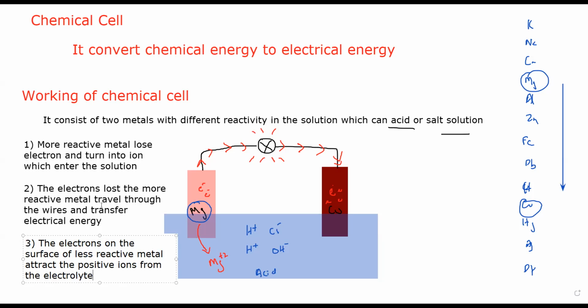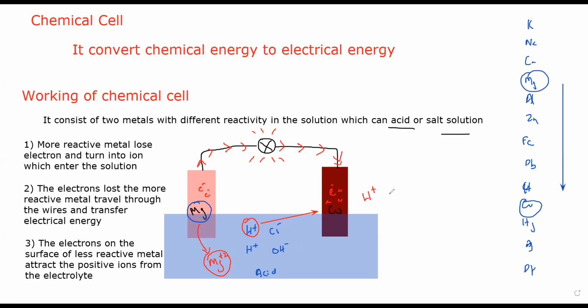So what will it attract? Since electrons are negative, they will attract the positive ions. So what are the positive ions? We have magnesium, we have hydrogen. Because hydrogen is less reactive, in the electrolyte always the less reactive is discharged. So when hydrogen ions are there, at this point what happened?